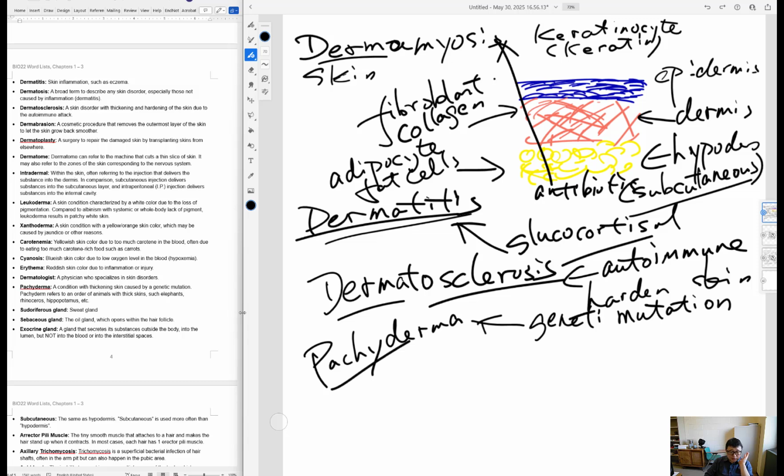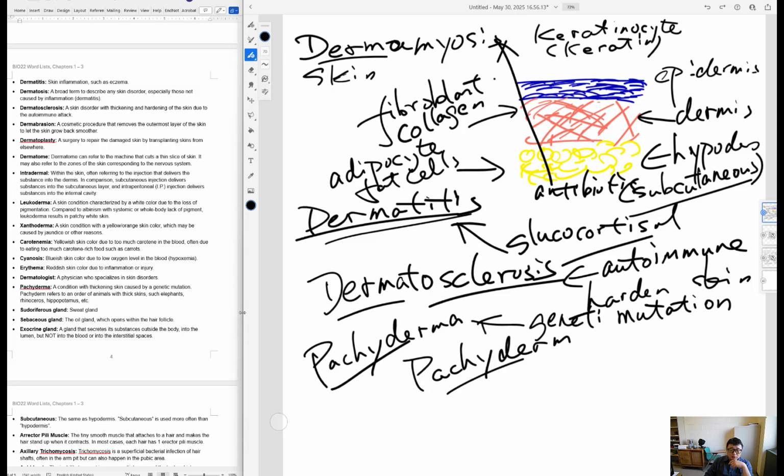This word itself is interesting. Pachyderma comes from pachyderm, and pachyderm is not a word to describe humans.